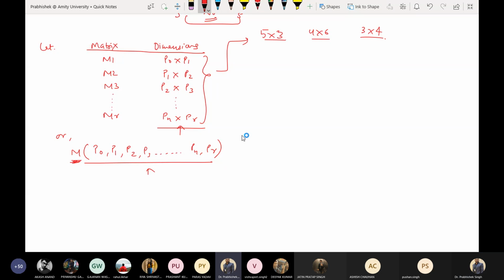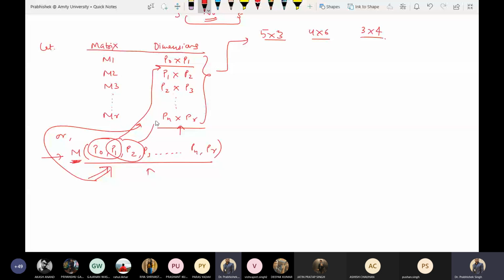So you have to understand in what form the question is given to you. If the dimensions are given in this form, then you have to convert them into this form, and it is not difficult to convert, because you can see this is P0 into P1, this is P1 into P2, this is P2 into P3.